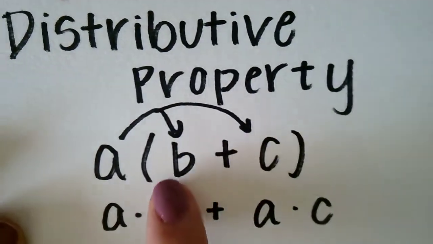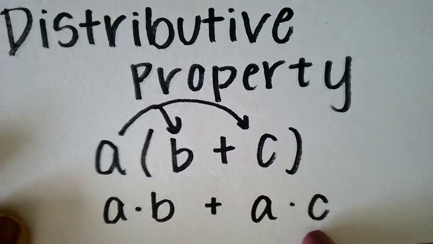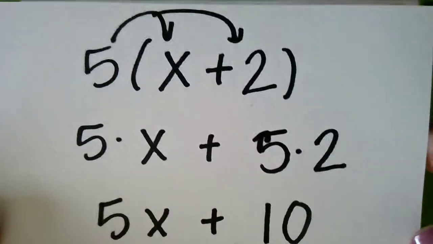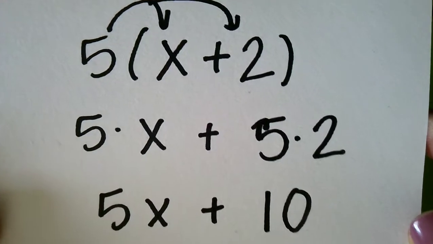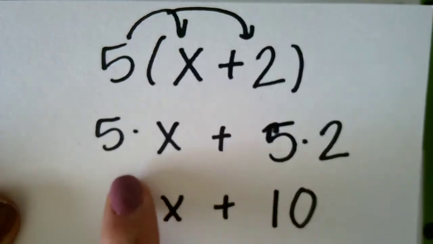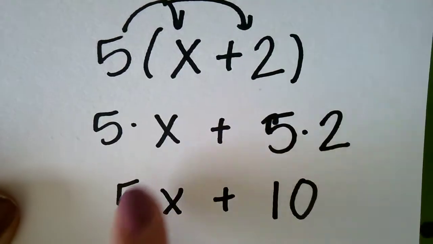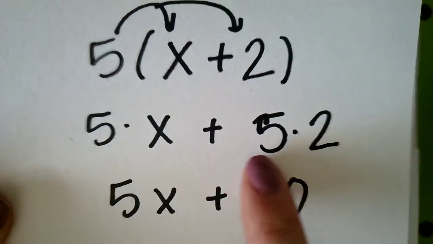So we have a times b plus a times c. An example of this would be if we have 5 times x plus 2. So that 5 is being multiplied by the x and it's being multiplied by the 2. So 5 times x, we get 5x plus 10.